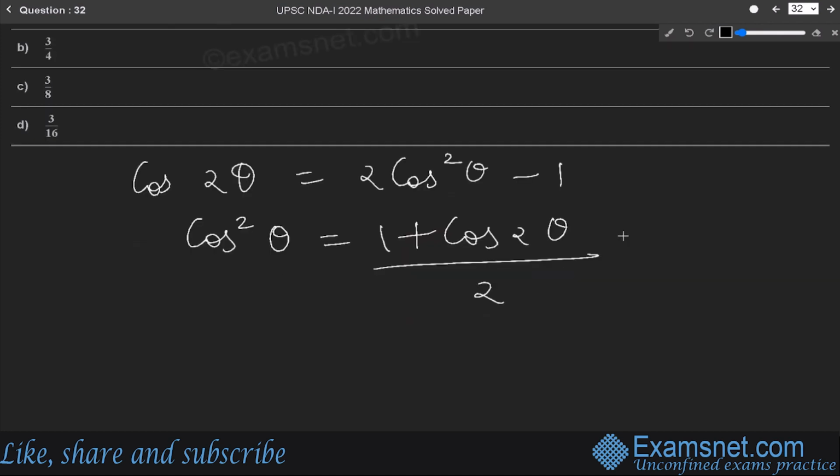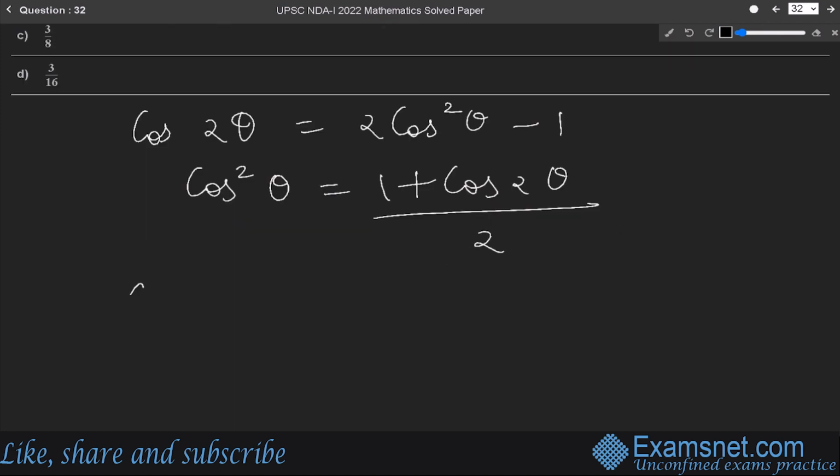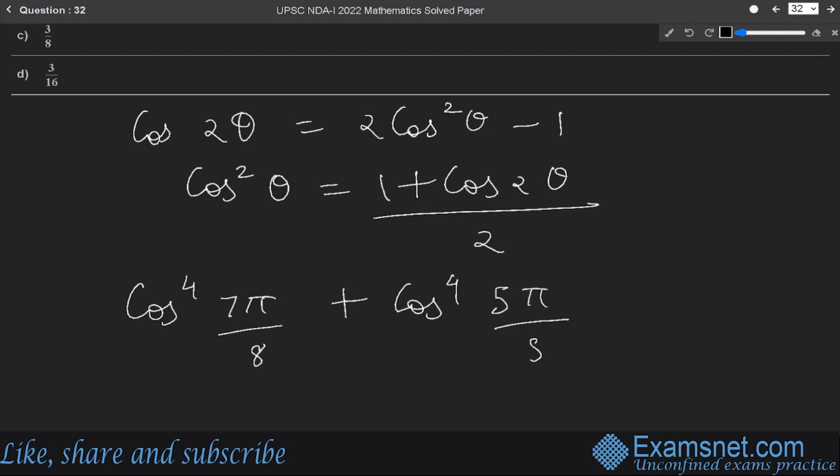Now let us come to the question, which is cos⁴(7π/8) plus cos⁴(5π/8). See, this is a very important formula of trigonometry, and I have seen that all the students forget this formula.